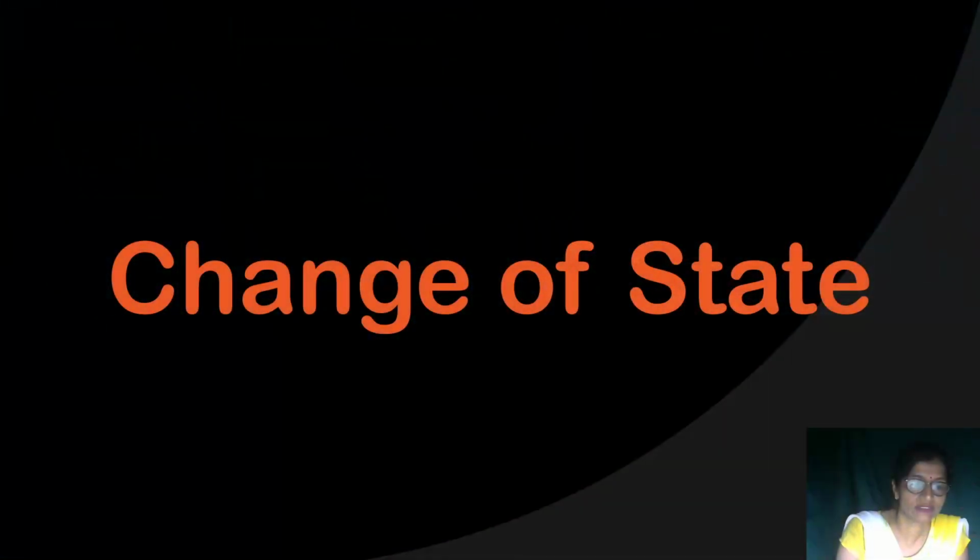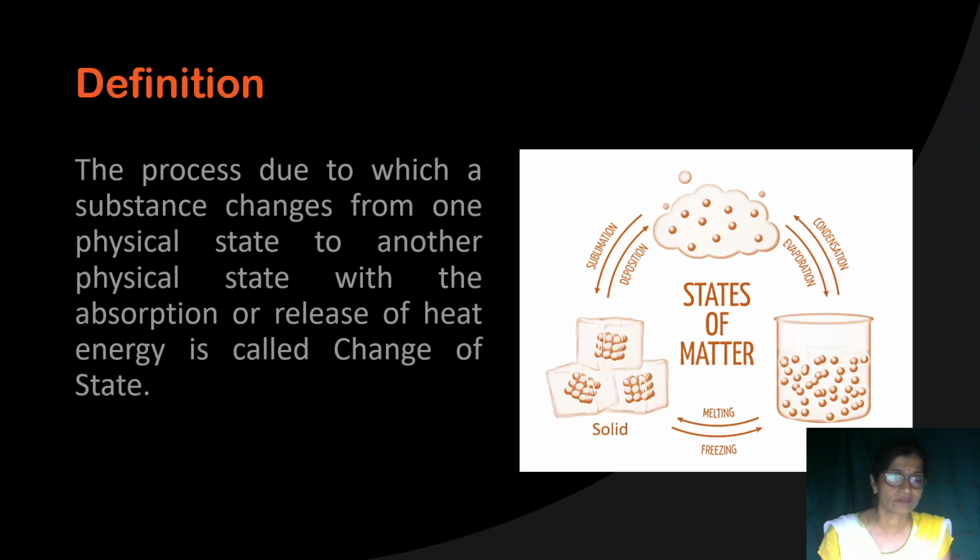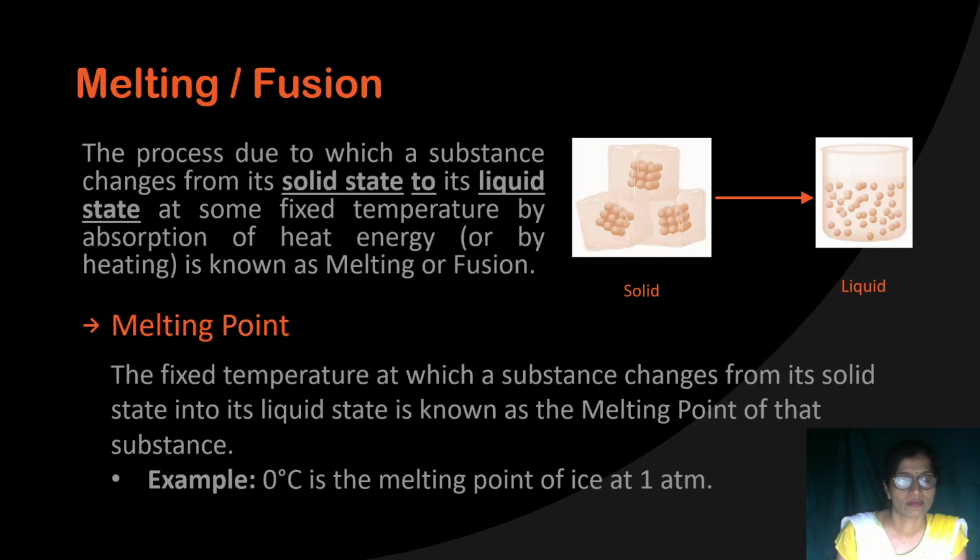So the change of state. First we will discuss melting. Melting is a process where the substance changes from solid state to liquid state at a particular temperature.